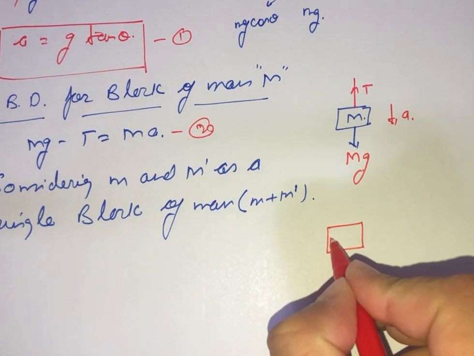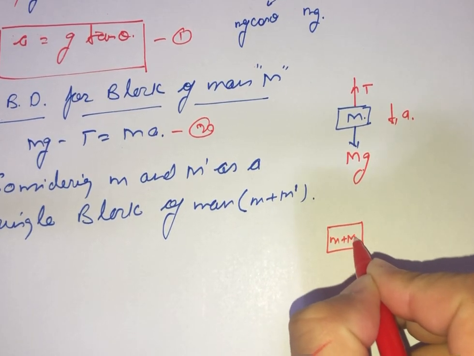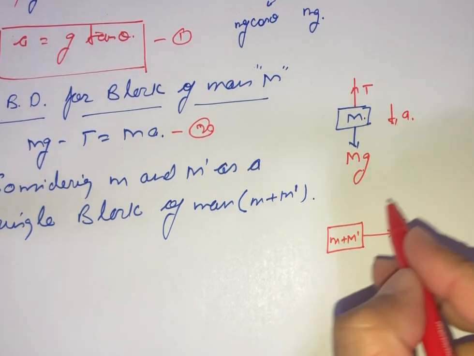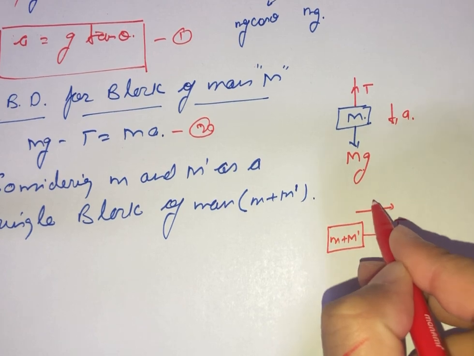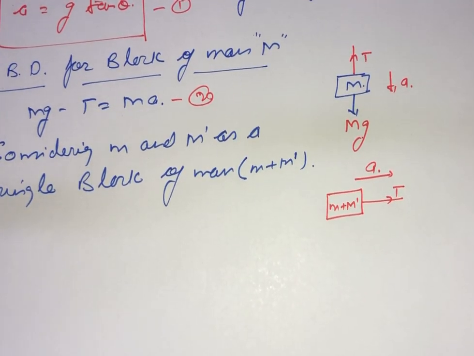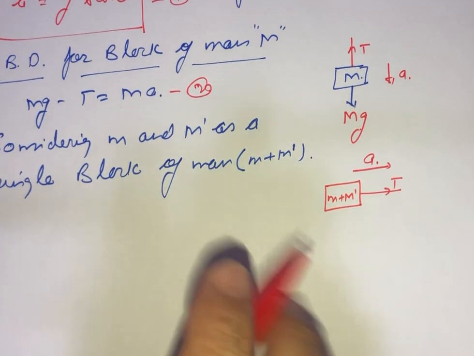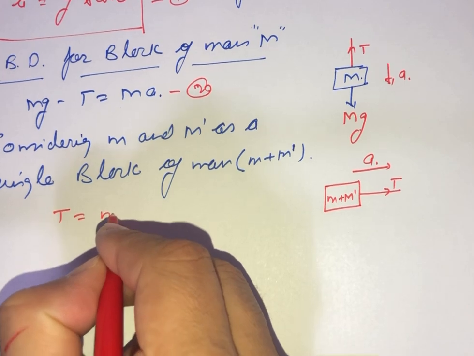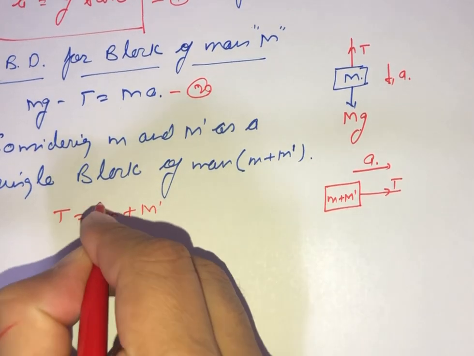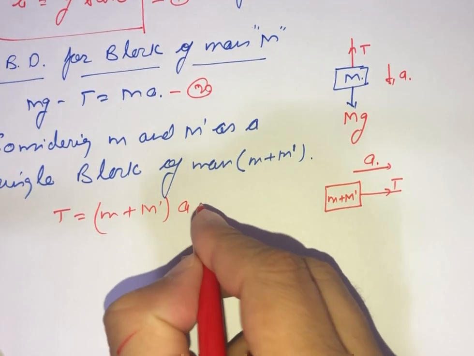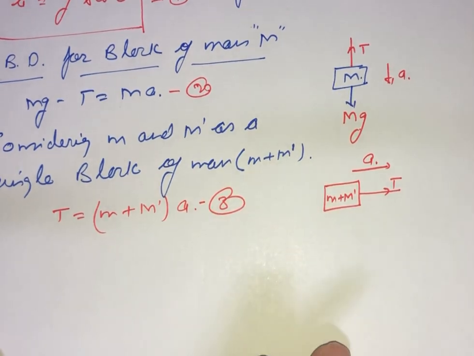This is our m plus M prime, and there will be tension T, and it will be moving towards the right with the acceleration of a. So you can say that our tension T is equal to m plus M prime into a. Let us call this equation number 3.